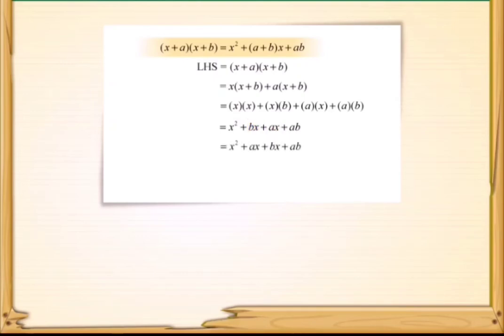So, factor out x from the middle terms to get x square plus (a plus b) multiplied by x plus ab, which is equal to the right-hand side of the equality. Therefore, the equality (x plus a) multiplied by (x plus b) is an identity.